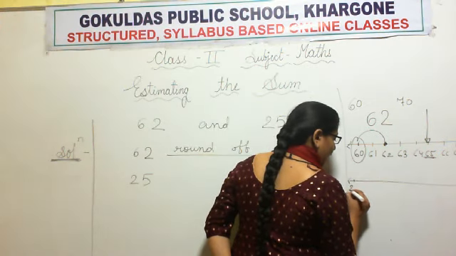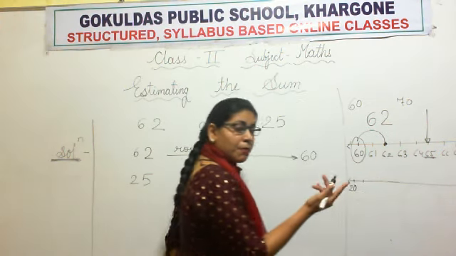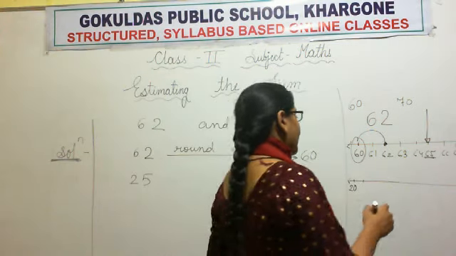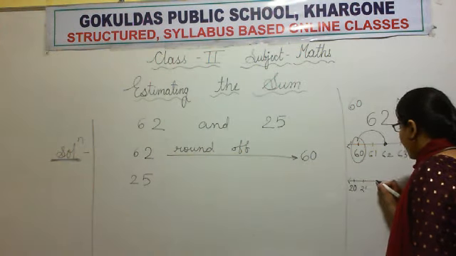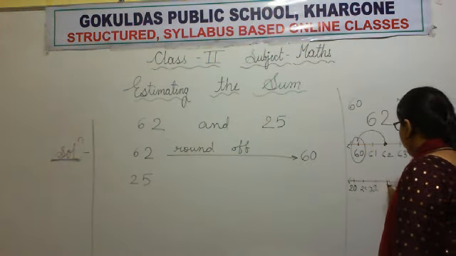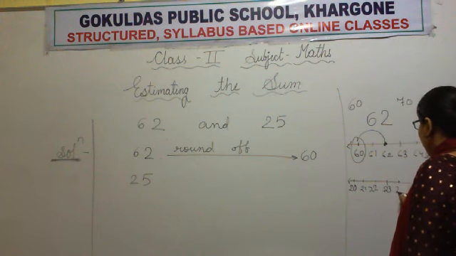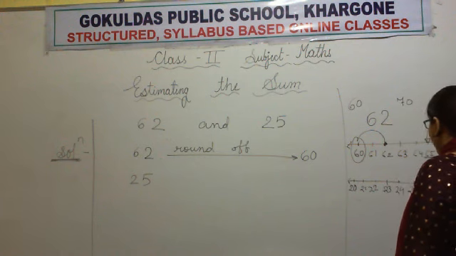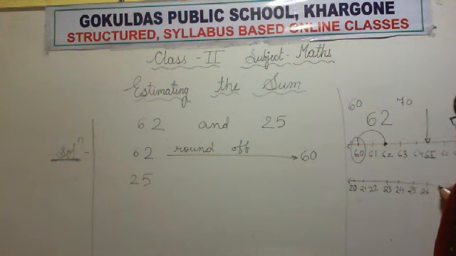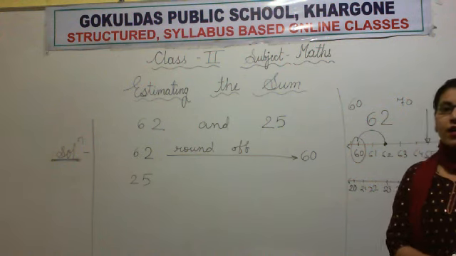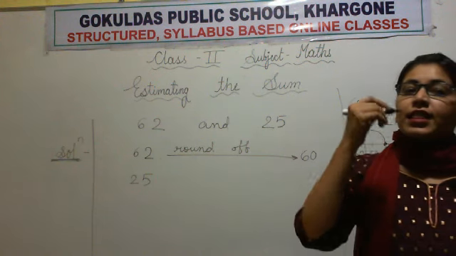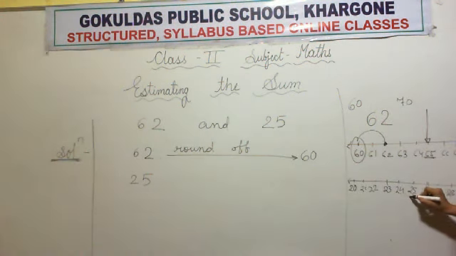So we will mark 20 to 30 on the number line: 20, 21, 22, 23, 24, 25, 26, 27, 28, 29 and 30. Whenever the number 5 is there, that is our halfway mark. So this is number 25 and this is our halfway mark.